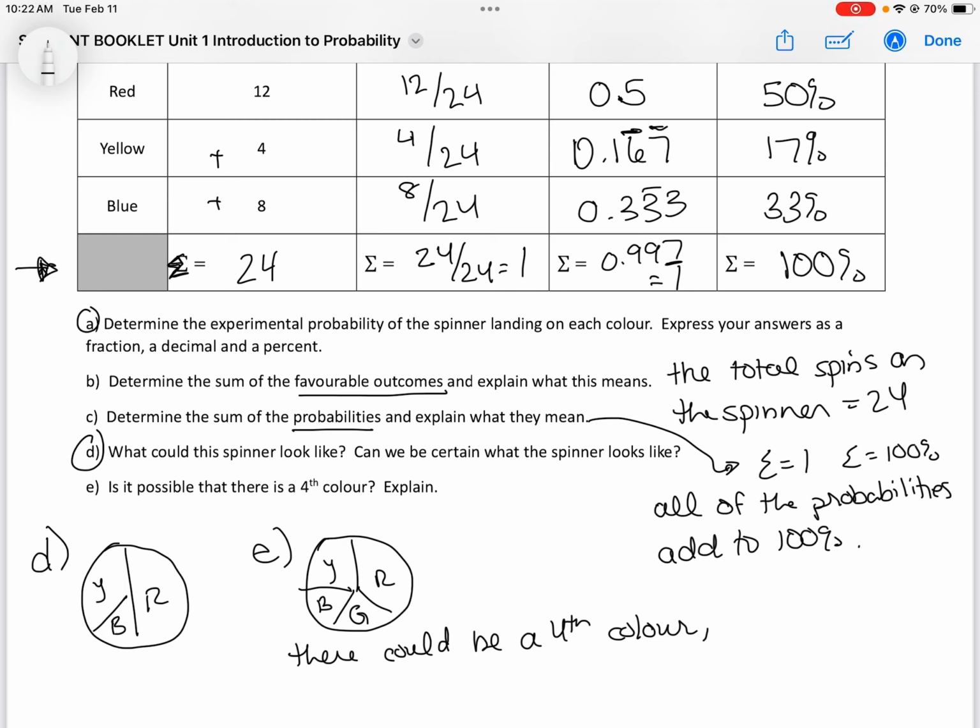So an experiment is not going to be exactly theoretical. So we could have not landed on it. Okay, we have to still consider that because it's an experiment, it's random.